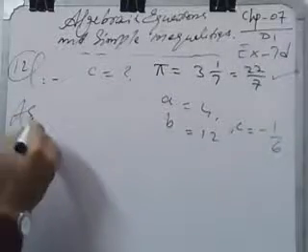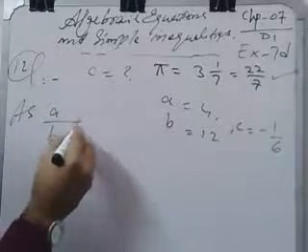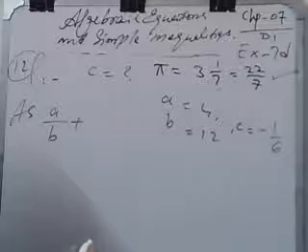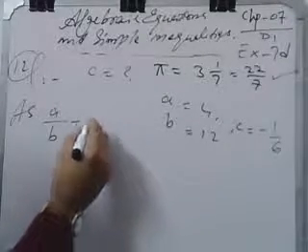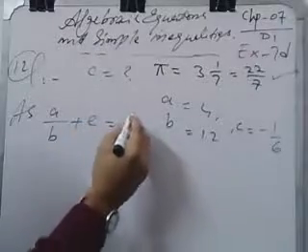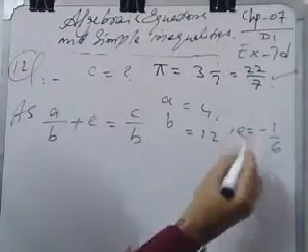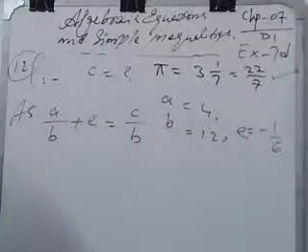The given equation is a by b plus e is equal to c by b. So the value of e is minus 1 by 6. Now it is clear.